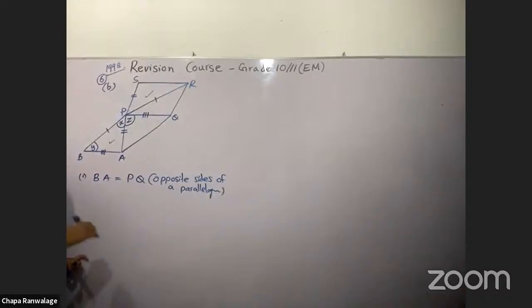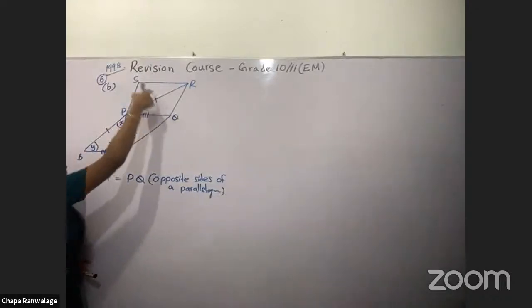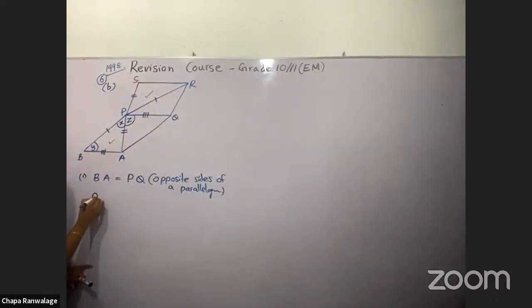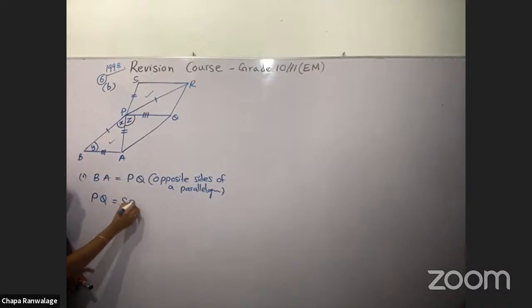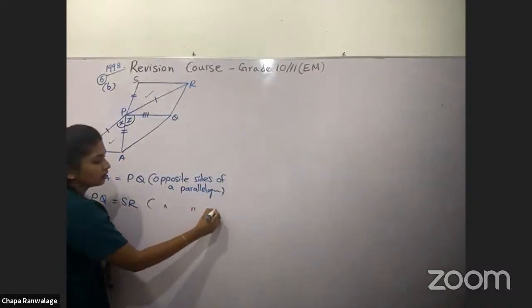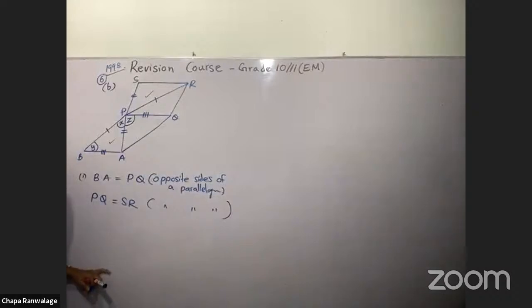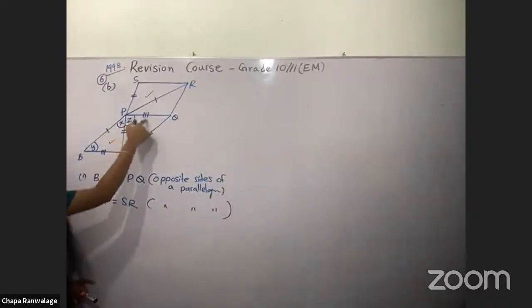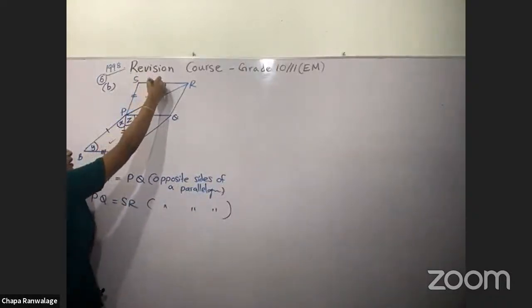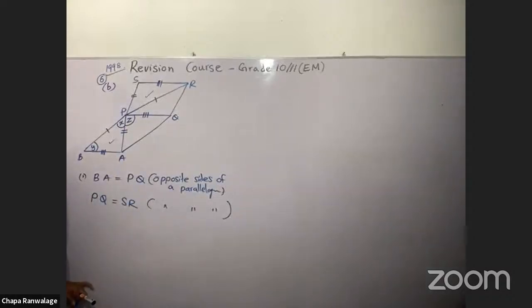Correct? And PQ is equal to SR, for the same reason: opposite sides of a parallelogram. By considering these two, what's the result, children? This equals that, and that equals this. So here you can say therefore BA equals SR.